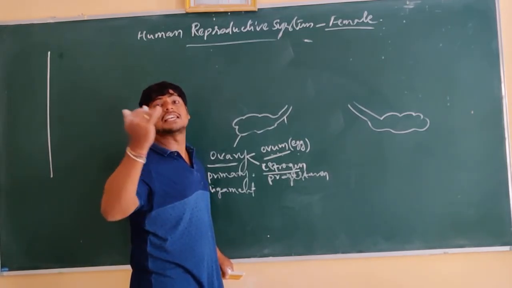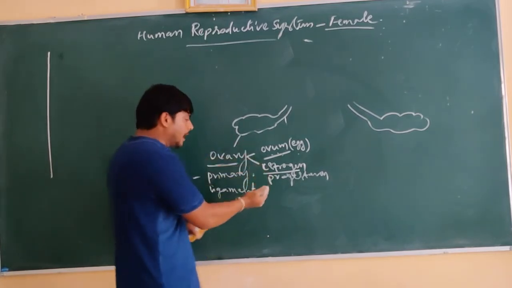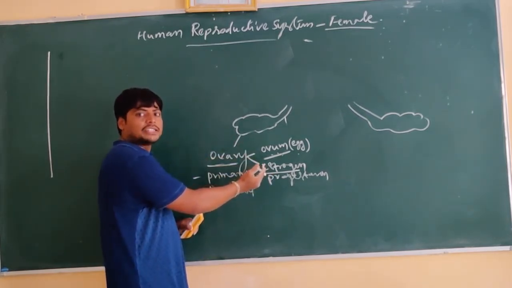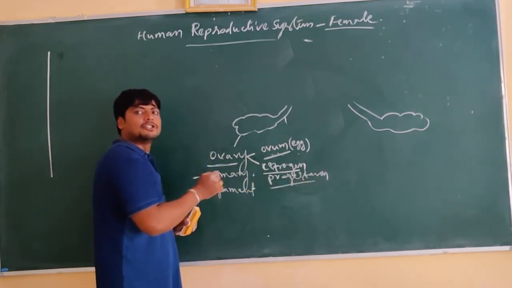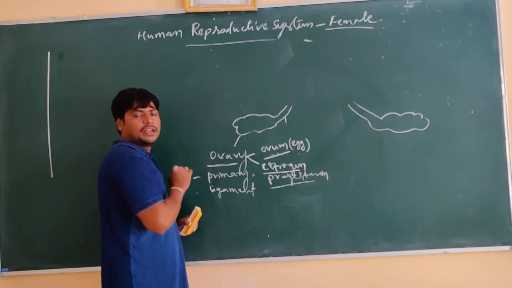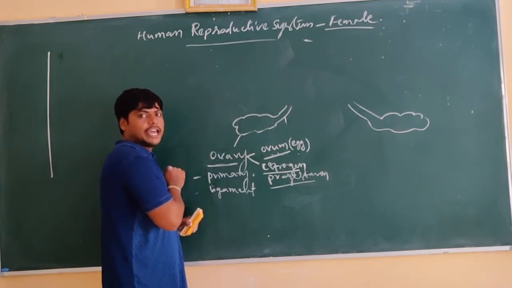These are the secondary sexual characters, whether male or female. In case of female, the secondary sexual characteristics are maintained by estrogen, and progesterone helps to maintain the pregnancy of the female body. That is the function carried out by the ovary.